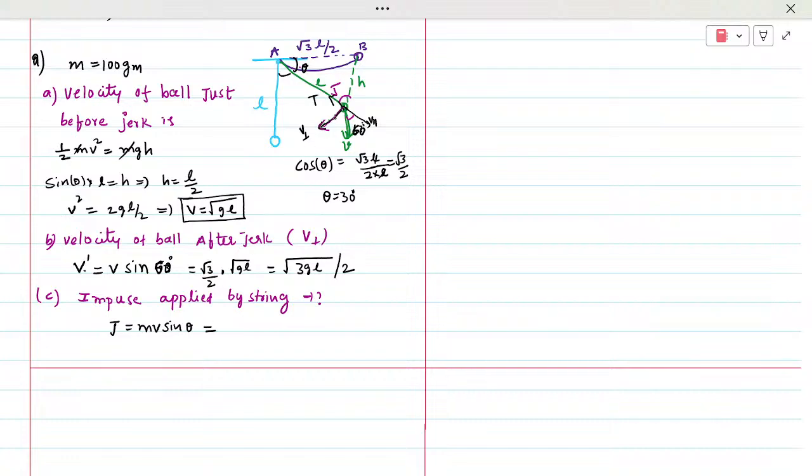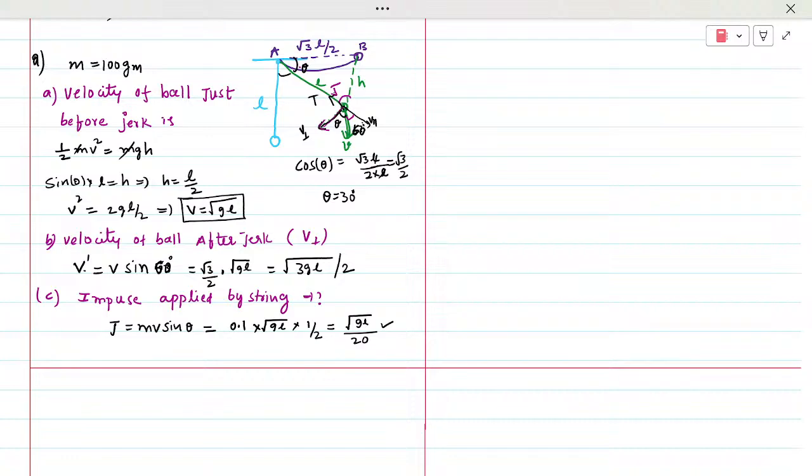I have taken sin here. Theta equal 30, then this is 60, therefore J equal to m v sin theta, that is equal to m is 100 grams, therefore 0.1 kg, into v, I got root g L, into sin 30, 1 by 2, that is equal to 0.05 root g L, otherwise root over g L by 20. So this is the answer.